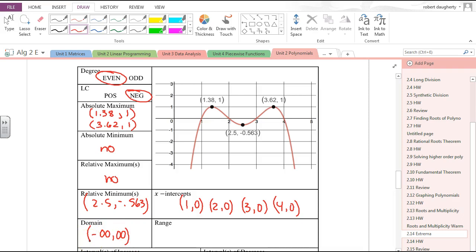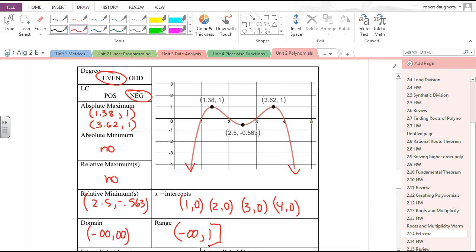The range, the only time I ever let you look at what axis? The y-axis. So my y values start at where? They start at negative infinity, but they only go up to where? 1. So negative infinity up to 1. What will I put right after that 1? A bracket. See, you guys could be teaching this today.